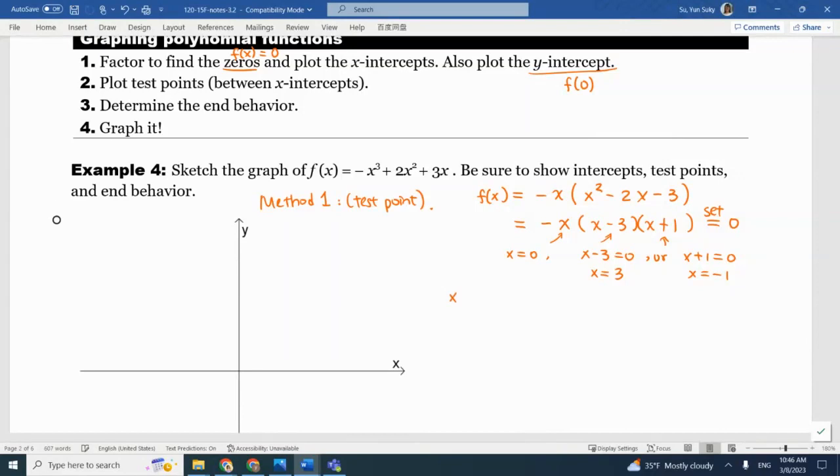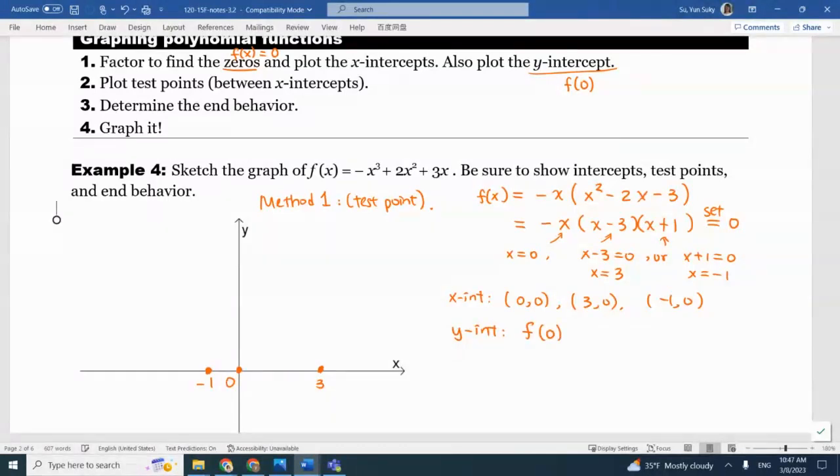Okay, now what are the x-intercepts? They are points. Okay, so (0, 0), (3, 0), (negative 1, 0). Okay, put it on the graph. (0, 0) here, (3, 0), and (negative 1, 0). Right, everybody? Okay. How about the y-intercepts?